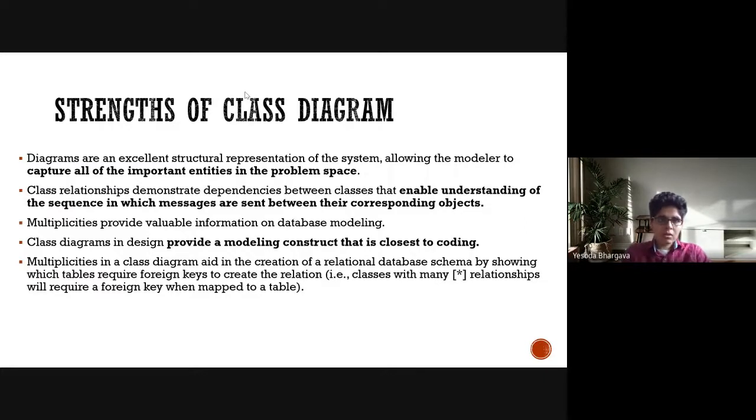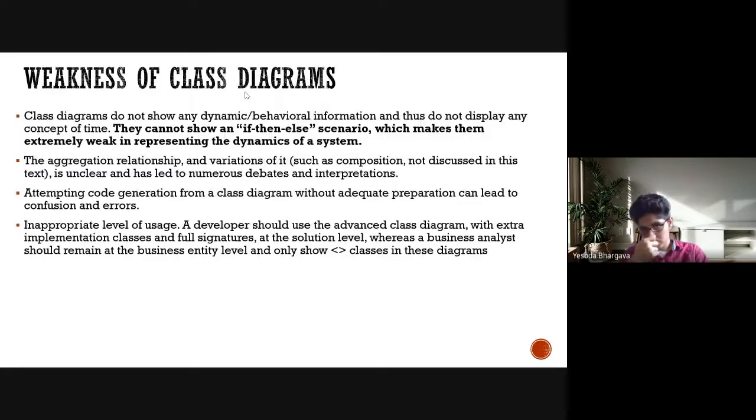But what about the limitations of class diagrams? So there are a couple of limitations of class diagrams. First of all, it's a static structure diagram, so you really don't know the behavioral information, and there is no concept of time in the class diagram.